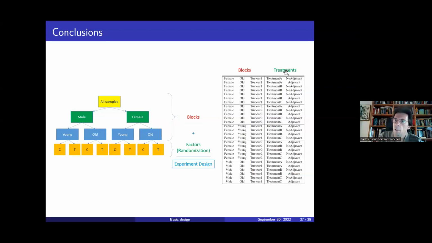Okay? But even if this group is not receiving treatment C, it is not a total disaster. So still it can be analyzed. The more difficult you put it to the analysis, the worse for the power and so on. But it can be treated like that.